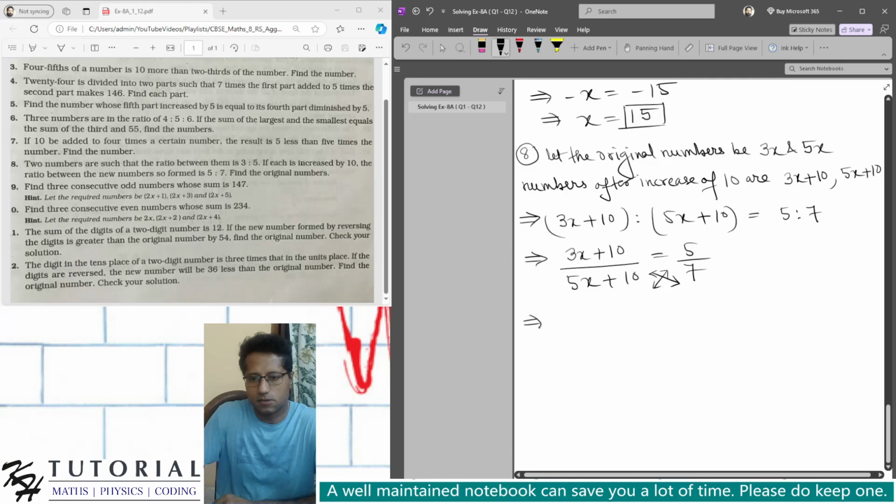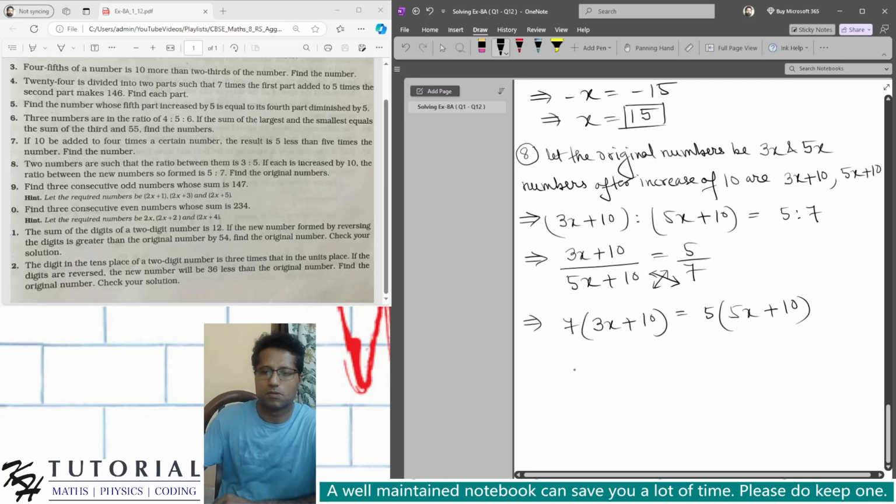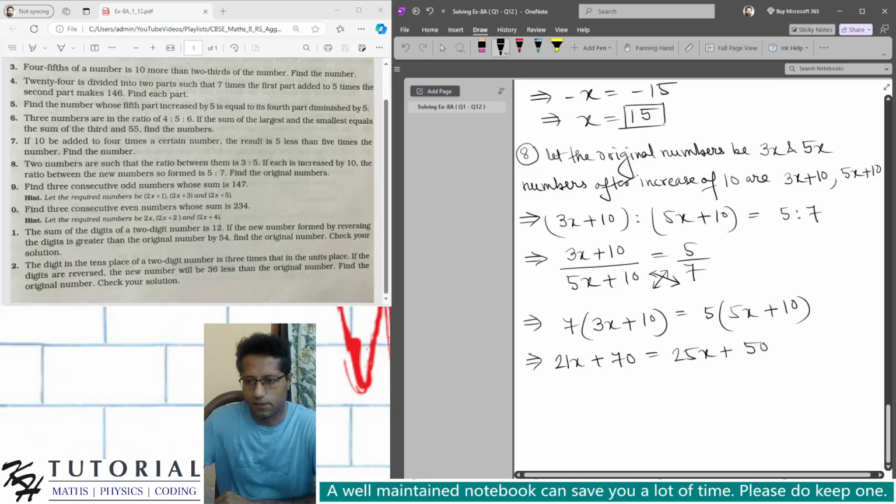So this implies 7 multiplied by 3x plus 10 will be equal to 5 multiplied by 5x plus 10. Now if you do the products on both the LHS and the RHS and open the brackets, we will get 21x plus 70 is equal to 25x plus 50.